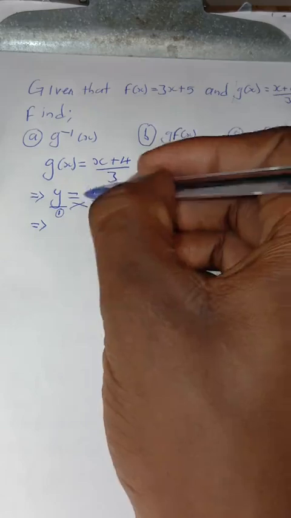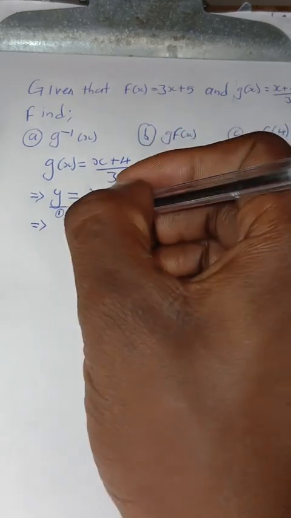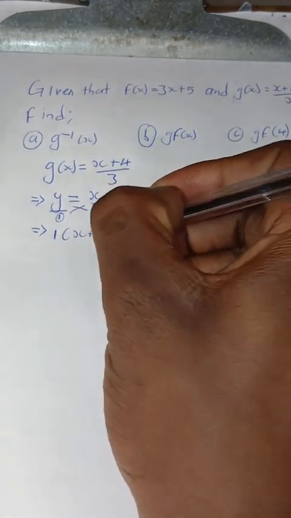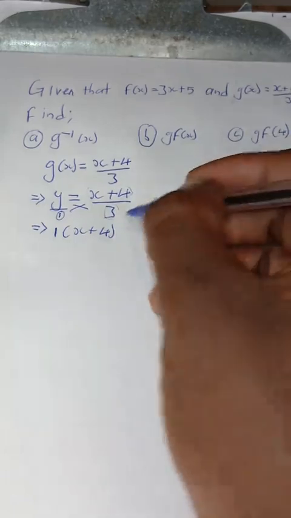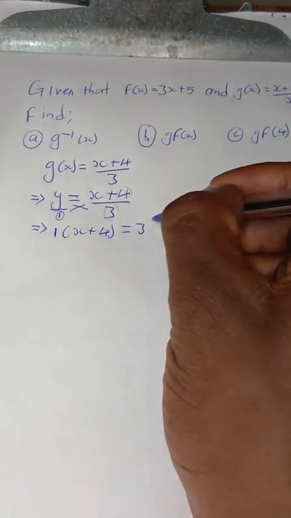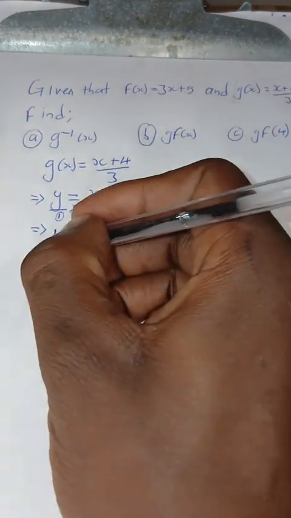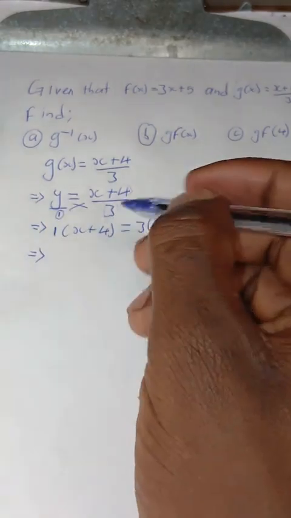So we're going to say 1 open bracket x plus 4 equal to 3 open bracket y. Hope we are together so far.